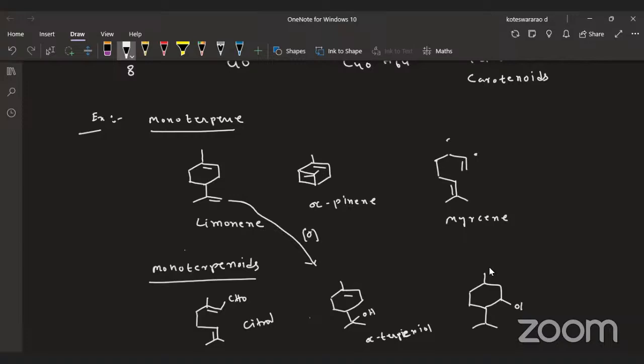You feel it like a cool feeling, which is given by camphor. Camphor is a terpenoid.